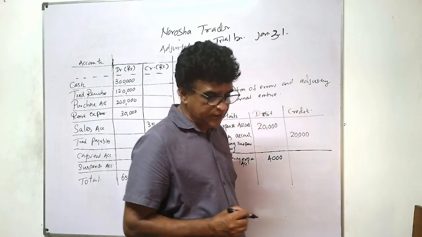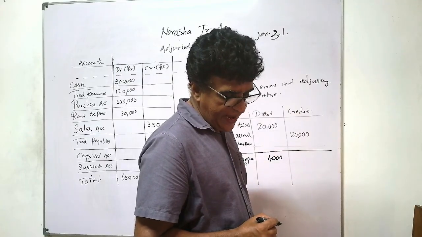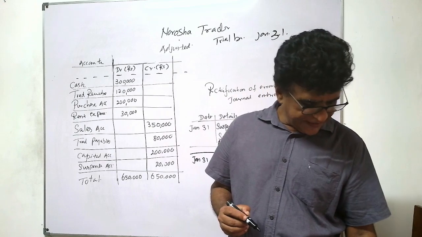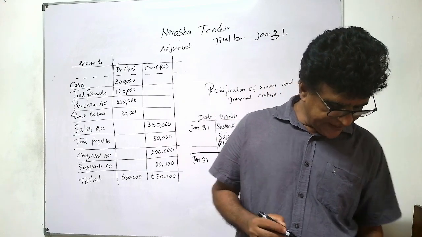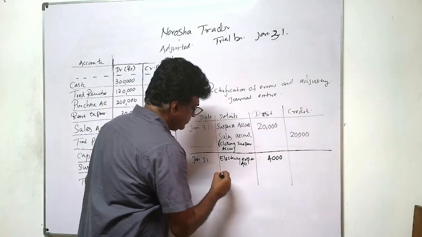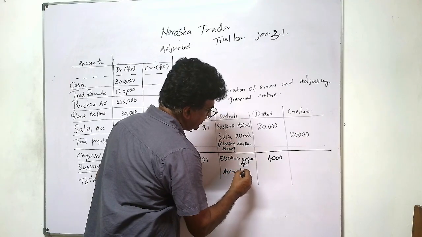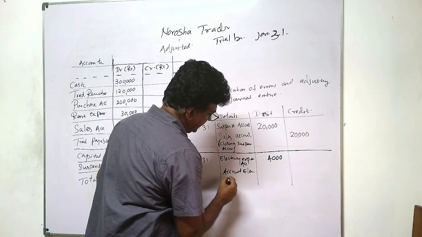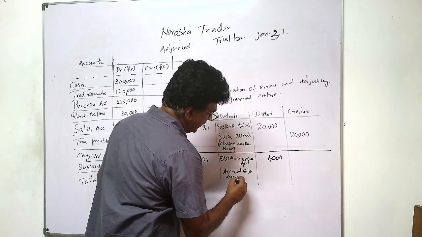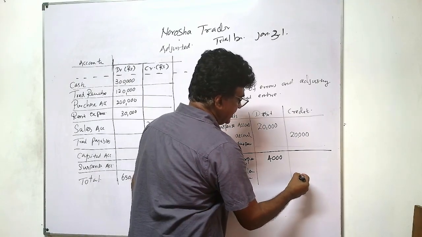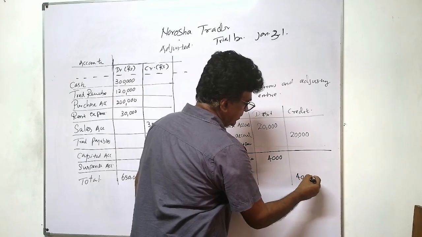And there is another account, the accrued electricity expense account. Accrued electricity expense account is credited by 4,000.